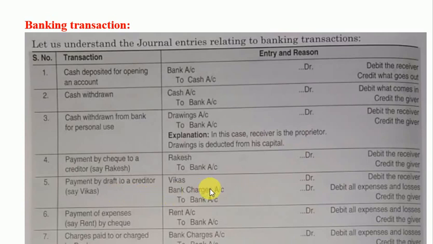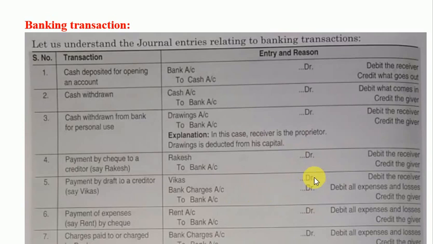Got it? And due to making the draft, your bank balance automatically decreases. Got it? So the journal entry will be Vikas account debit. You have given the draft to Vikas, and that may be an amount of 2000 or whatever, to bank charges account debit to bank account.